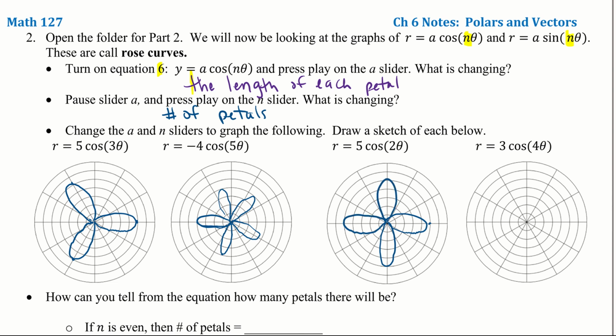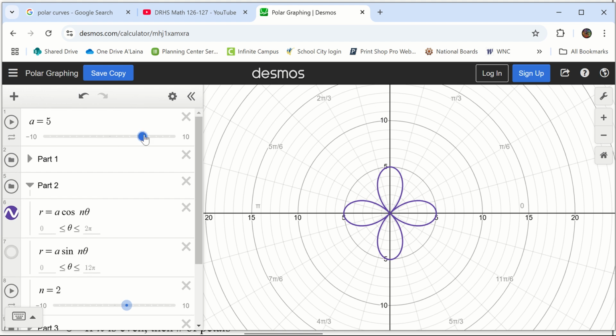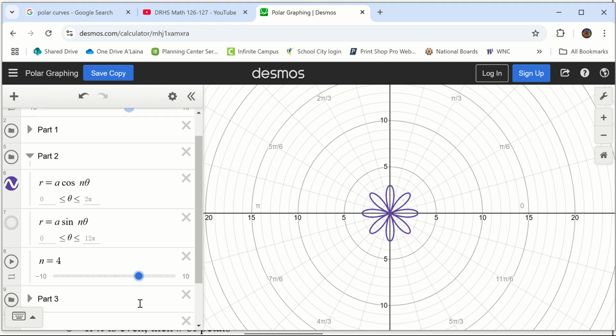Okay. And then 3 cosine of 4 theta. All right, so I've got 8 petals. 4 of them are along the axes. They all are length 3, and then these other ones are right smack dab in the middle at like pi over 4 multiples.